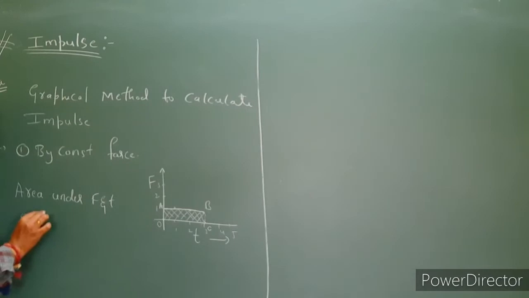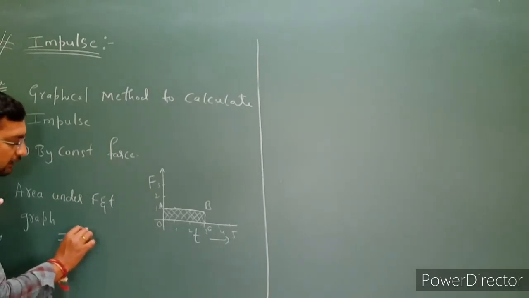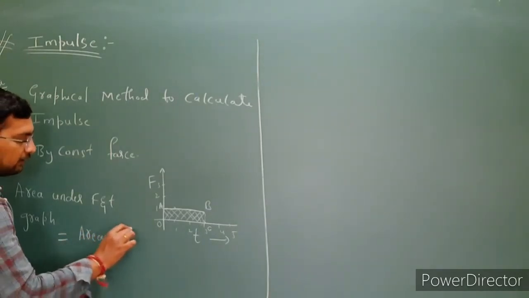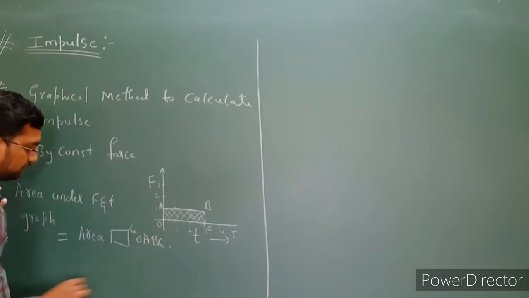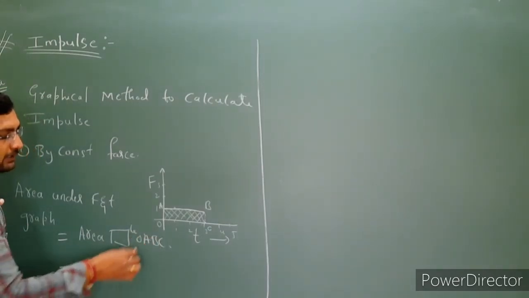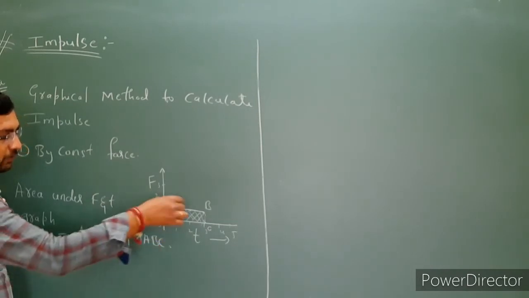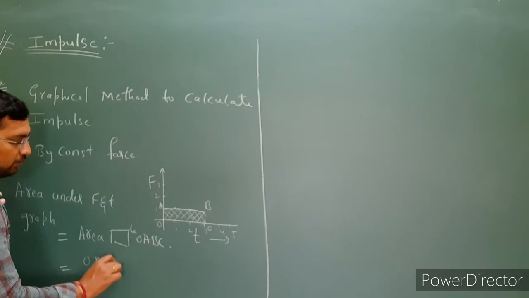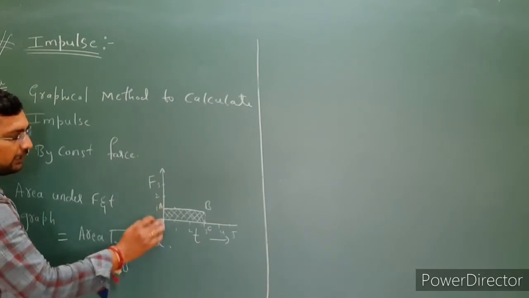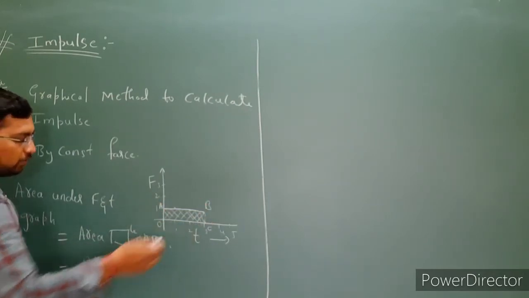It looks like a rectangle, the rectangle OABC. The formula to calculate the area of a rectangle is length into breadth, that is OA into AB, or BC into OC.